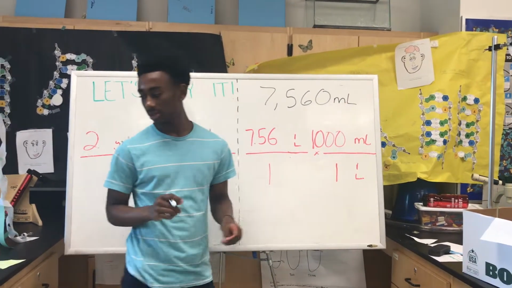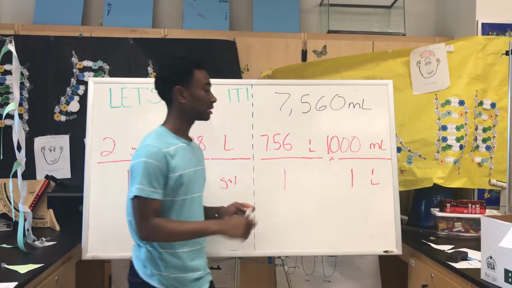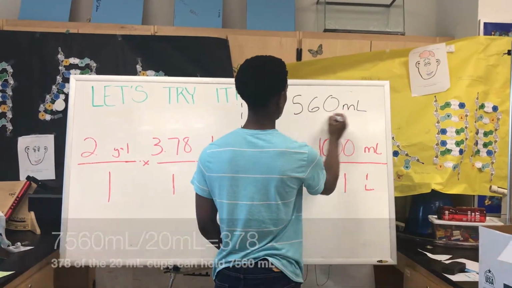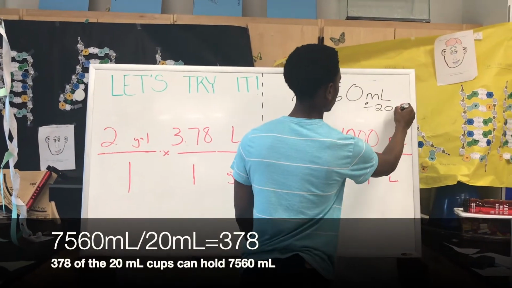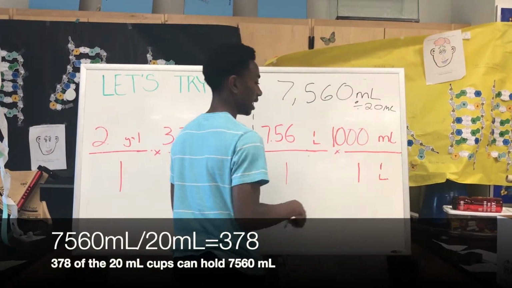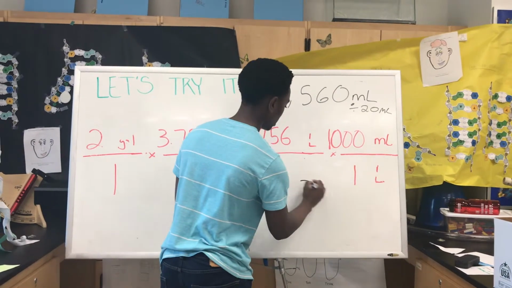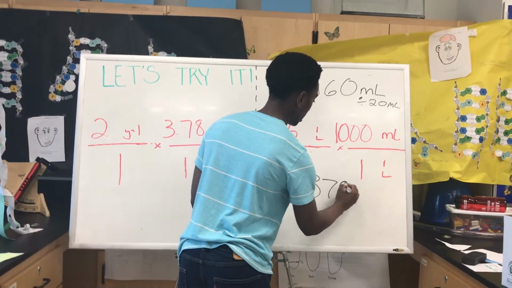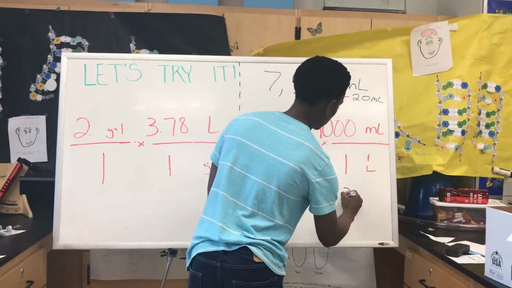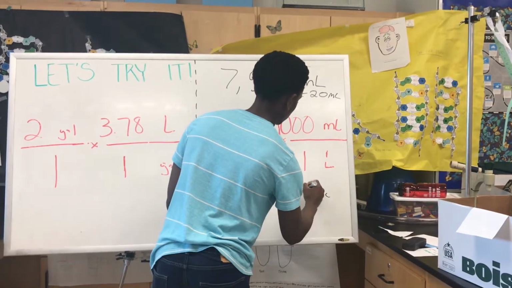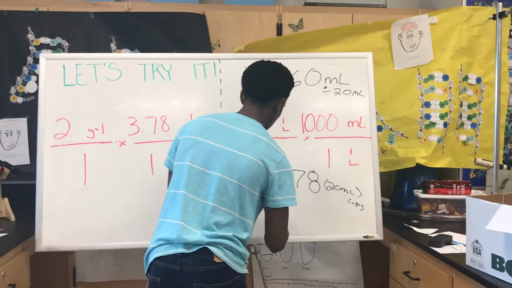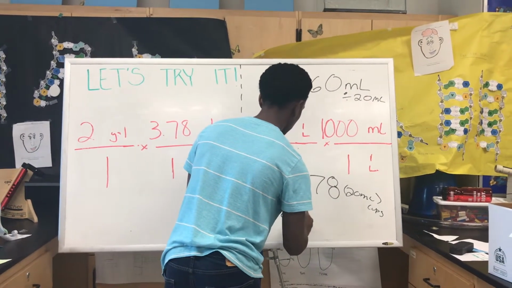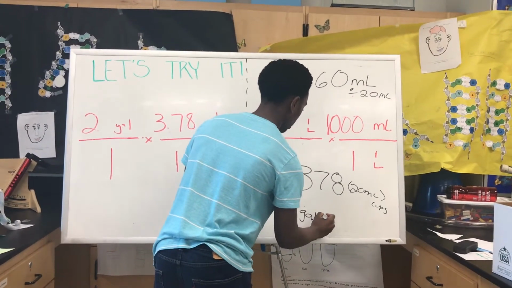Now, since we were using 20 milliliter cups, we're going to divide that by 20 milliliters, and your answer will be 378 20 milliliter cups is equal to 2 gallons of Elmer's glue.